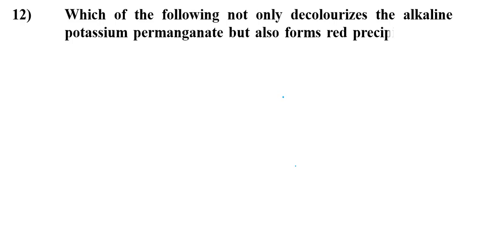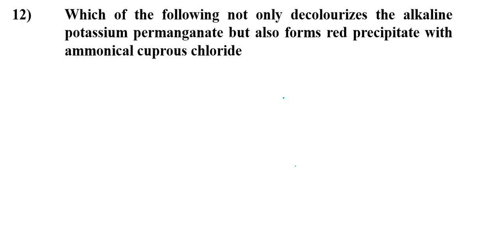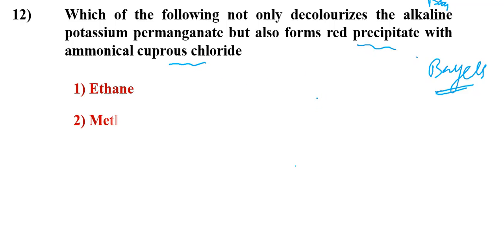Which of the following not only decolorizes alkaline potassium permanganate, also known as Bayer's reagent, but also forms a red precipitate with ammoniacal cuprous chloride?